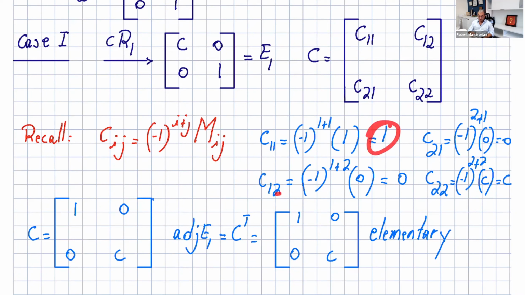So you get 1, C12 is going to give you 0, C21 is going to give you 0, and C22 is going to give you c. So C becomes 1, 0, 0, c, and you can obtain this by multiplying row 2 of I2 by the constant. So again, this C and this c, they're not the same. This is just a constant. And the adjugate of D is the transpose of that matrix, and it's the same thing, and it is elementary.